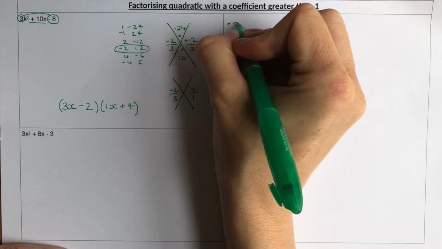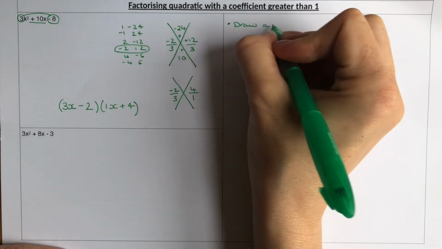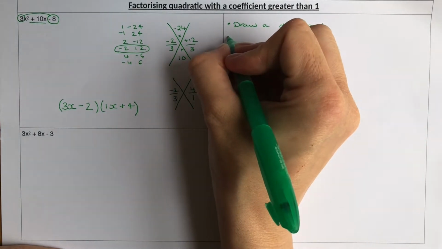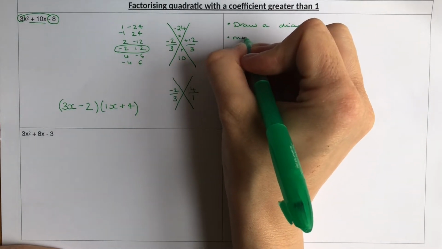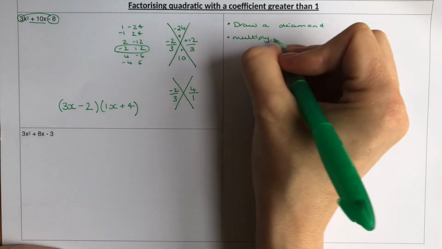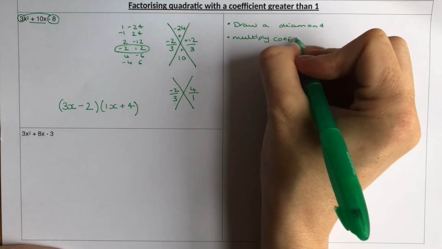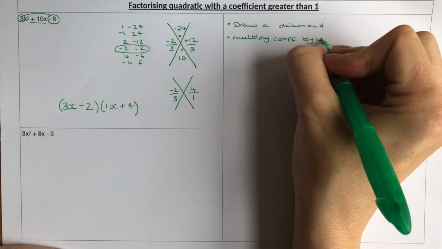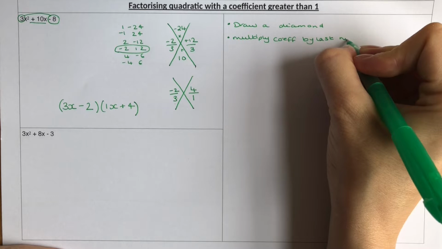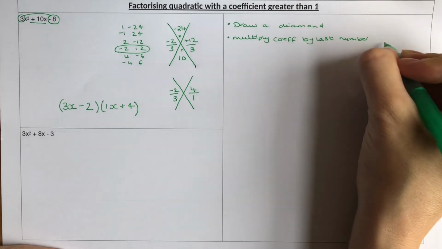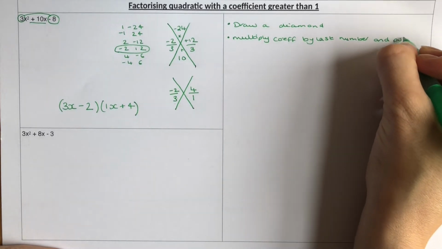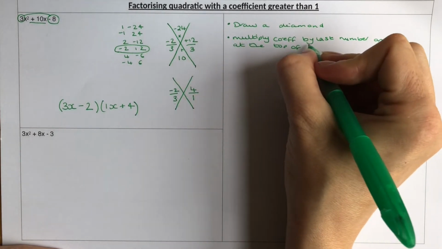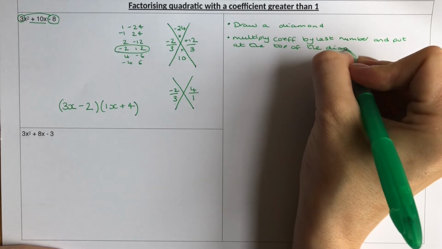So the first thing we did was we draw a diamond. Lovely. Multiply the coefficient by the last number and put it at the top of the diamond.